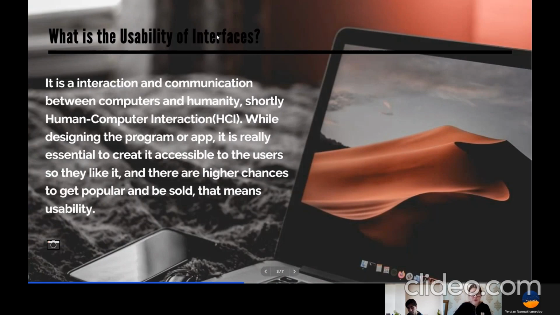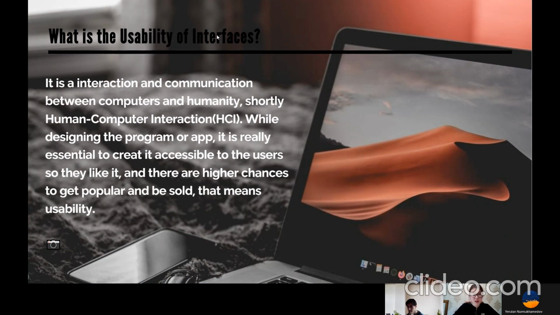So the first one, what is the usability of interfaces? The usability of interfaces is such kind of interaction, communication, meeting up between the computer system and individuals.